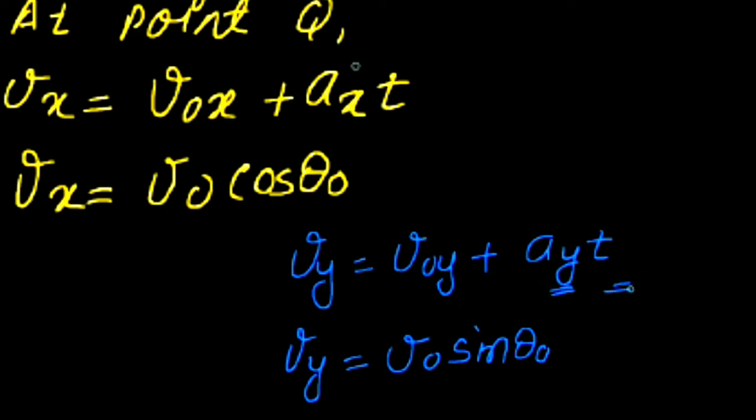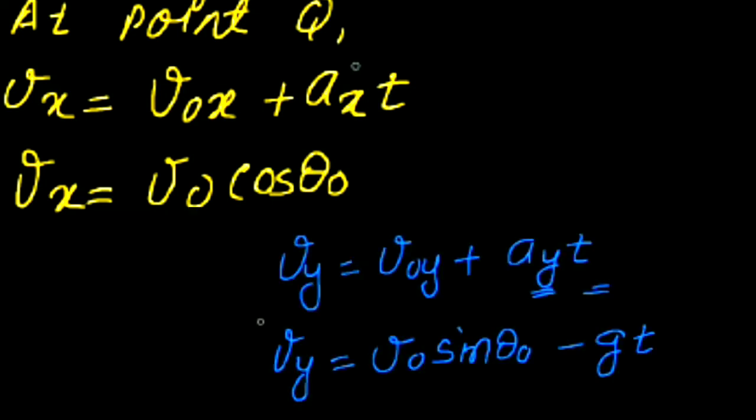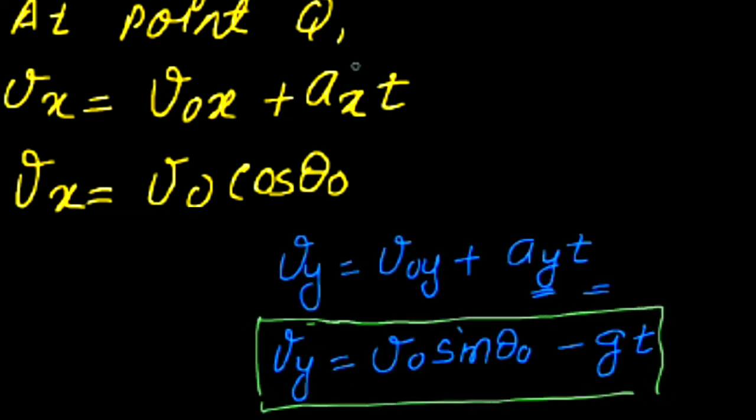Putting the value in place of a_y, we get minus gt. So the equation is v_y equals v_0 sin θ_0 minus gt, and this equation gives the value of velocity along the y direction.